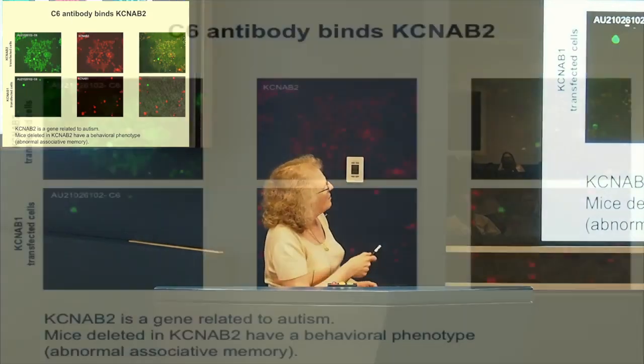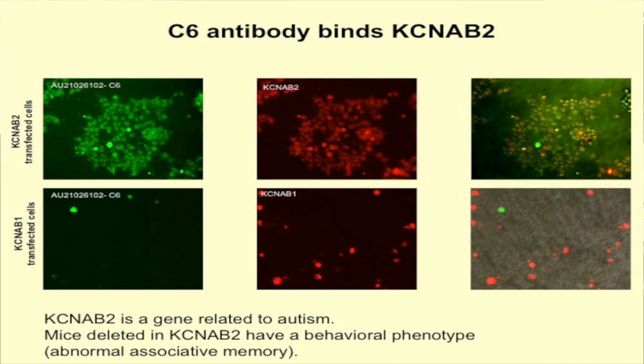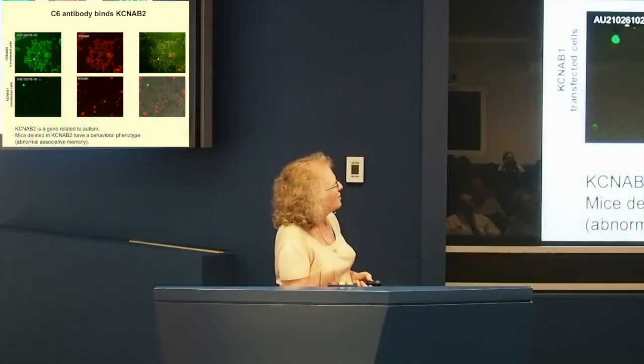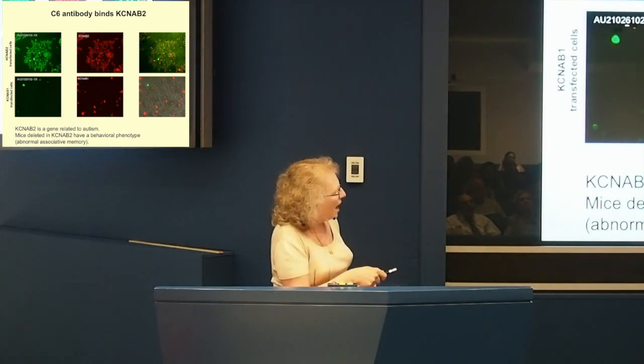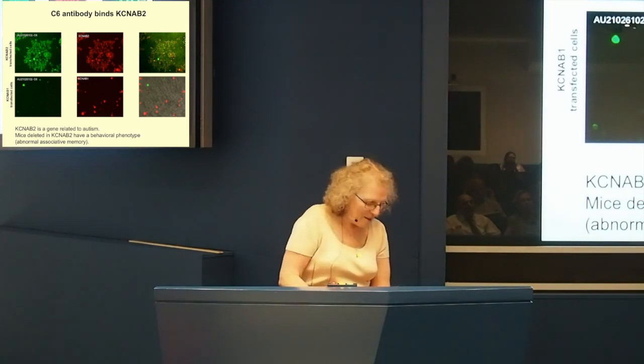And this is one monoclonal that binds to an antigen that is a hit on GWAS of autism. So it was very exciting to us to look at. This is looking at this antibody binding to KCNA-B2 and not binding to KCNA-B1.